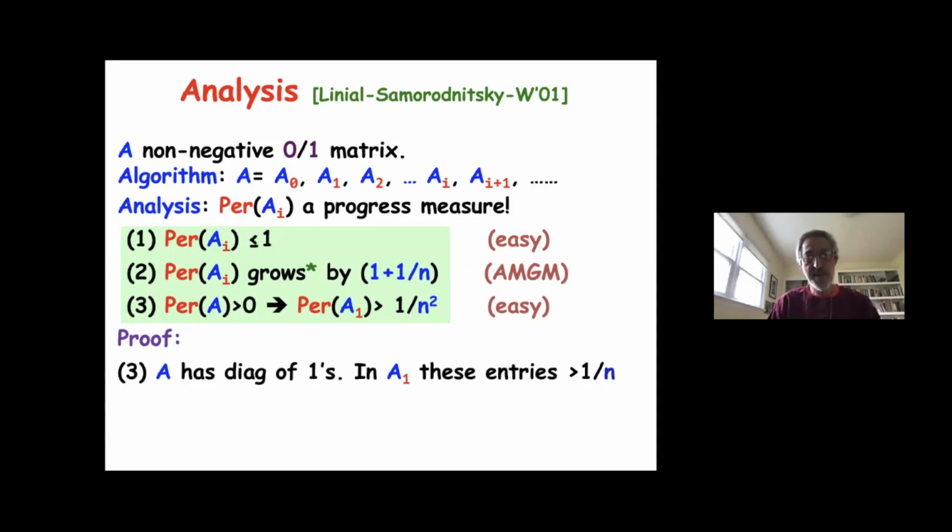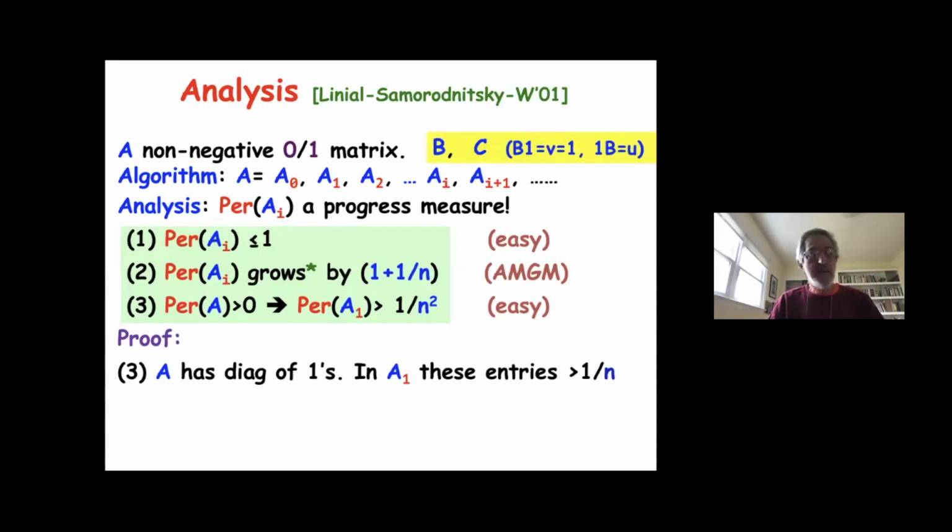And so the permanent, I should have written n factorial instead of n squared, is at least the product of these entries, so it's at least 1 over n factorial. And it's an important point that an exponential bound is fine because we are growing by 1 plus 1 over n, so maybe I should take n cube operations, and then we have convergence. So proving this lower bound is very easy, as I promised.